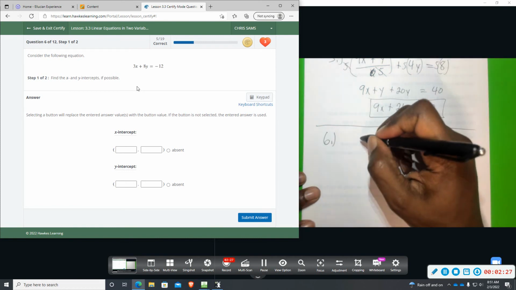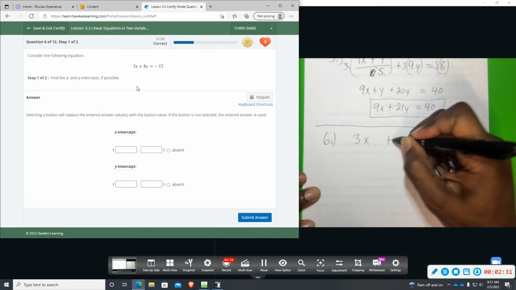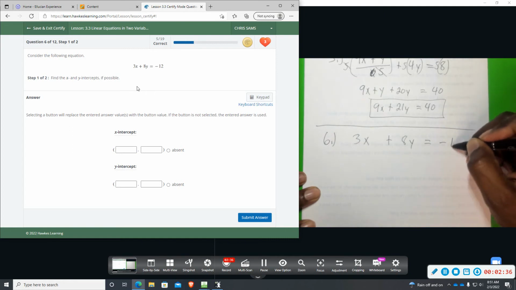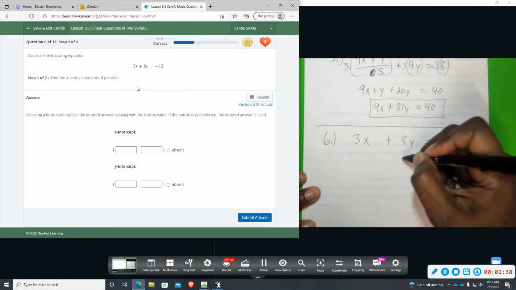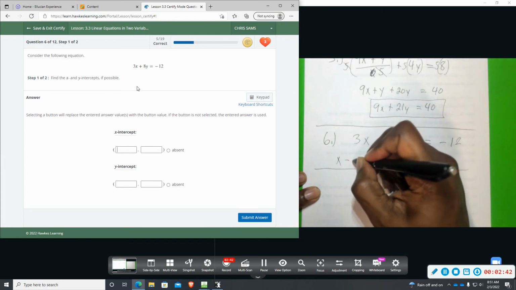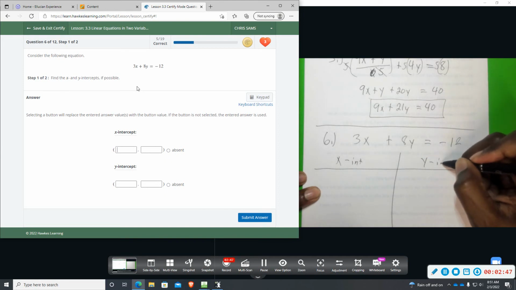Our equation is 3x plus 8y equals negative 12. I'm going to do two sides, the x-intercept and the y-intercept.